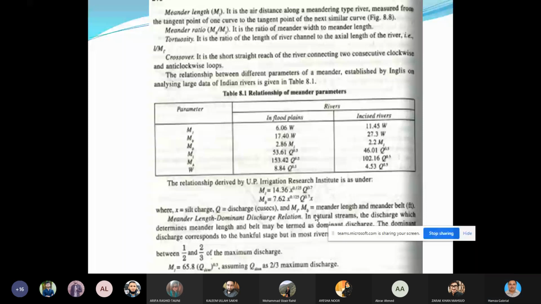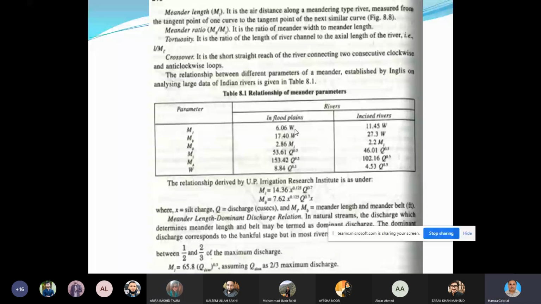The meander belt we see in floodplains is 6.06 times the effective width of the river. So if you just measure the effective width and multiply it by 6.06, you can have the meander belt. From there you get the meander length, ML, not MB.